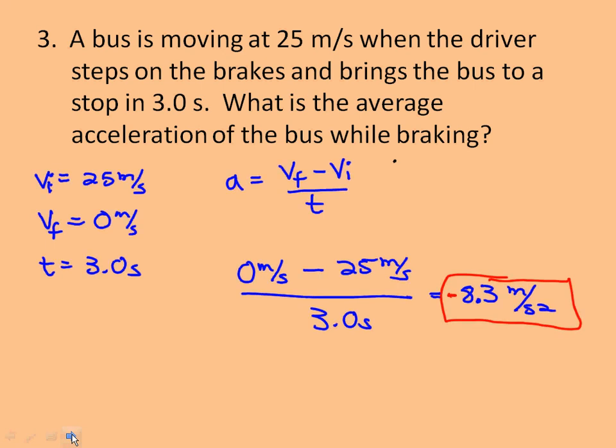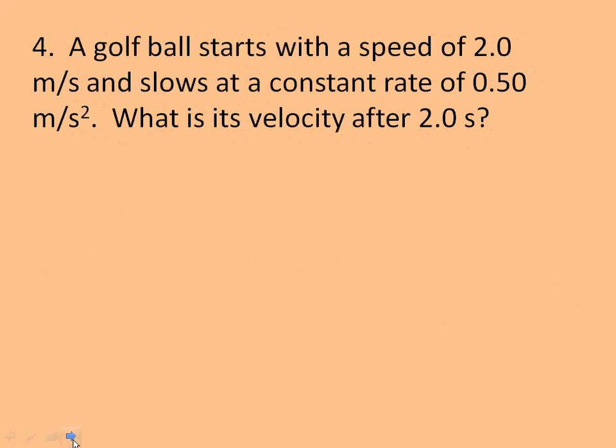I have one more for you. A golf ball starts with a speed of 2 meters per second and slows at a constant rate of 0.5 meters per second squared. What is the velocity after 2 seconds? Its initial velocity is 2 meters per second.